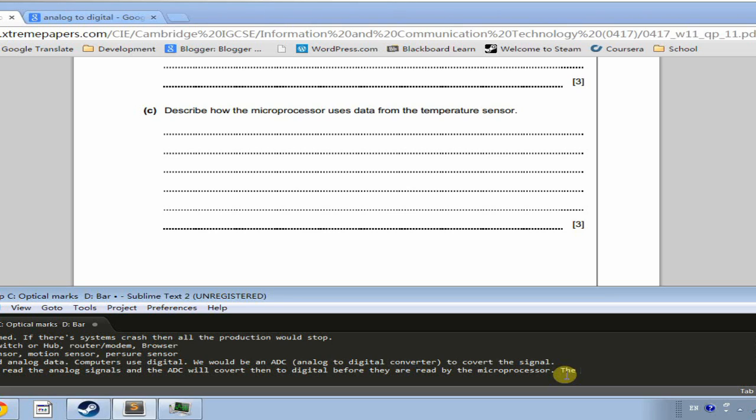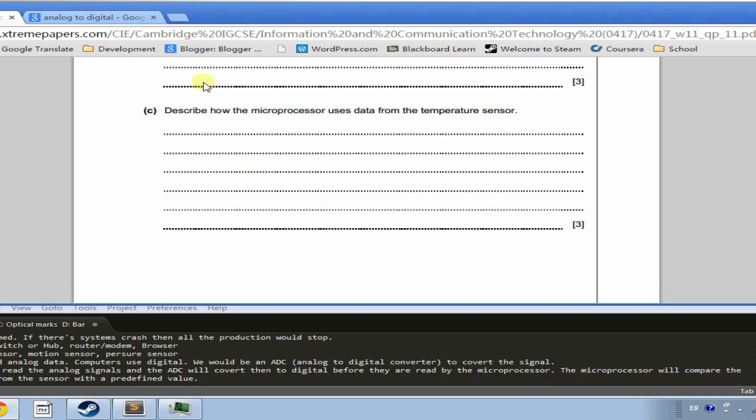The microprocessor will compare the read in value from the sensor with a predefined value. Because we are talking about temperature, we should focus on temperature.